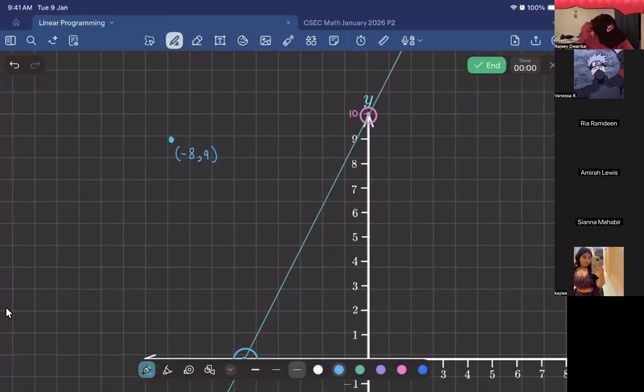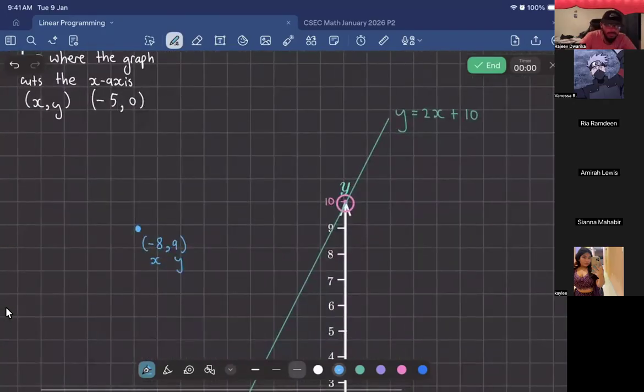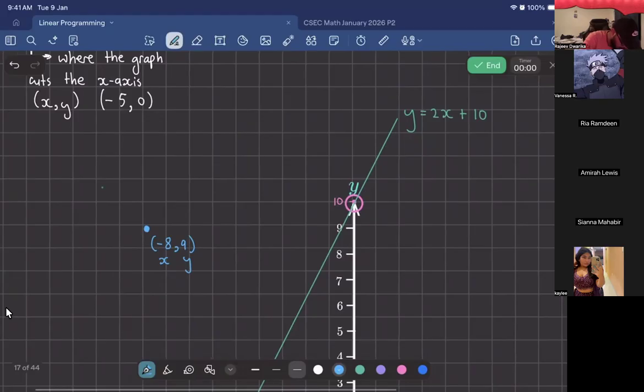Negative 8. So x is negative 8, and what's the y value? 9. Okay. And what was the equation, guys? Just remind me, what was the equation on the line, guys?